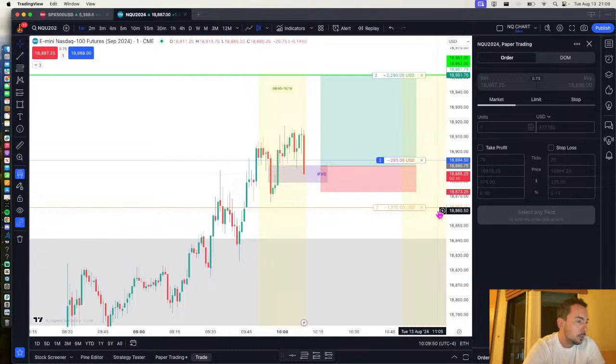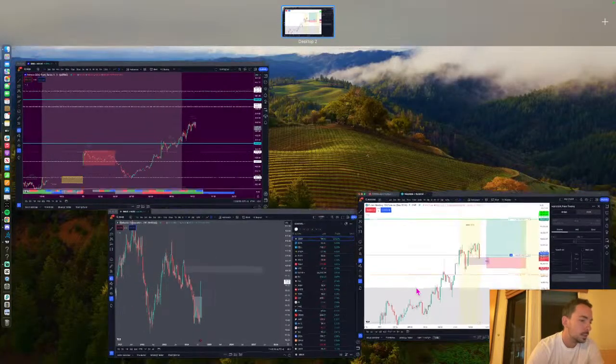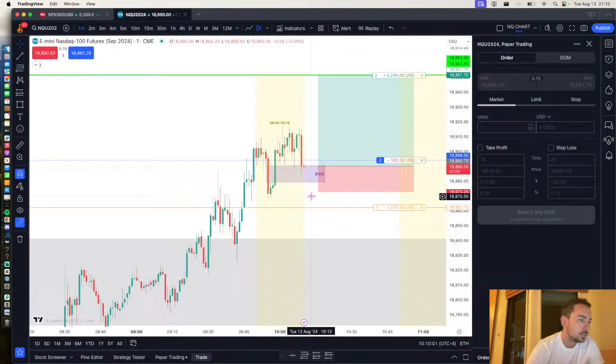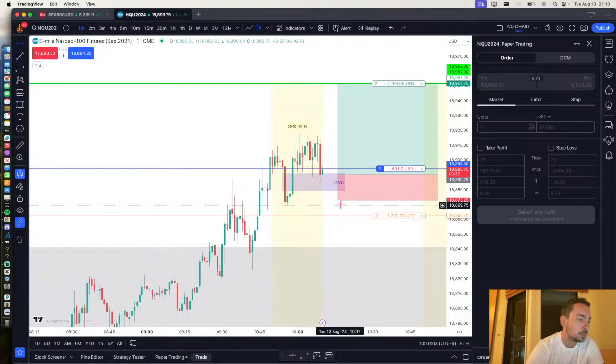So if we get a 1 minute close below the IFEG, you have to cut the trade. That's the rule. It's permissible for us to trade back into it like we did here, but let's keep watching this, because even though this is a paper trade, you still want to follow your rules, right? You see the fact that this didn't happen within the macro, we had lack of displacement over an internal high. I don't like it right now.